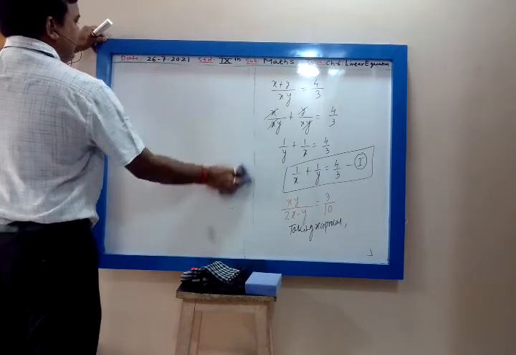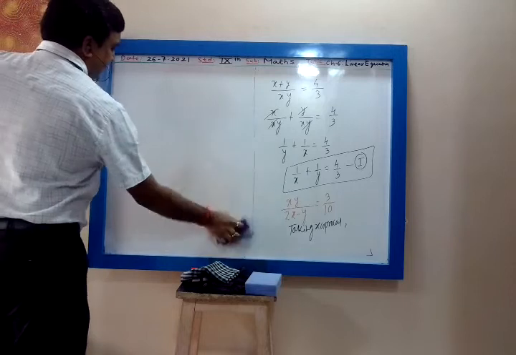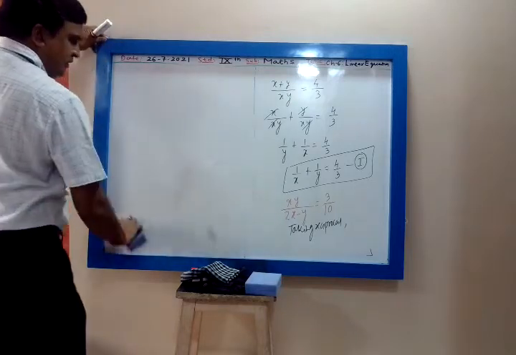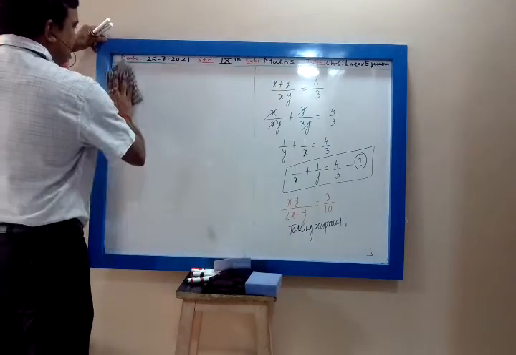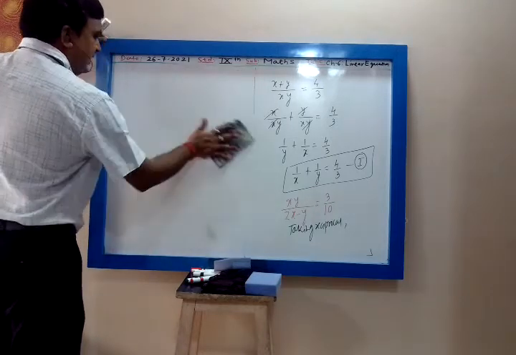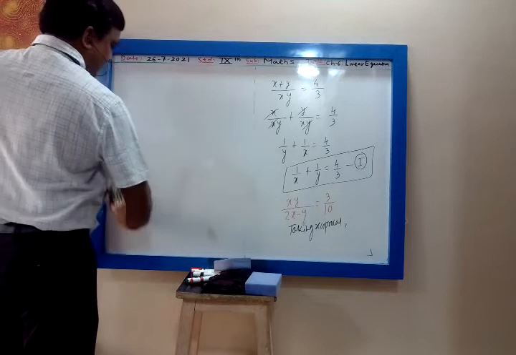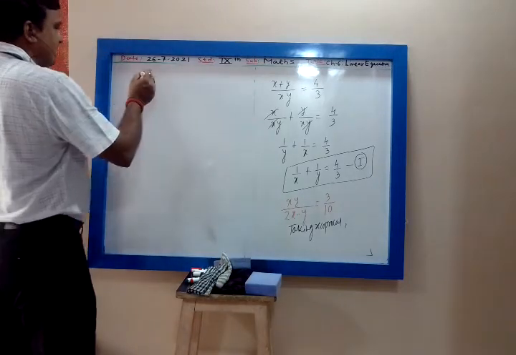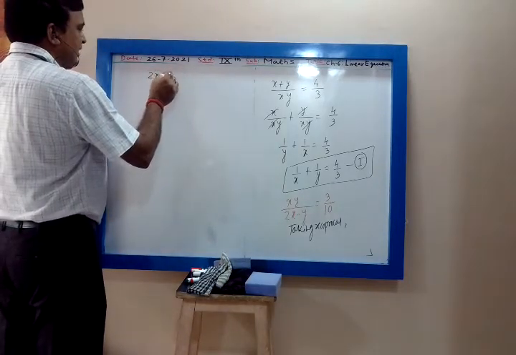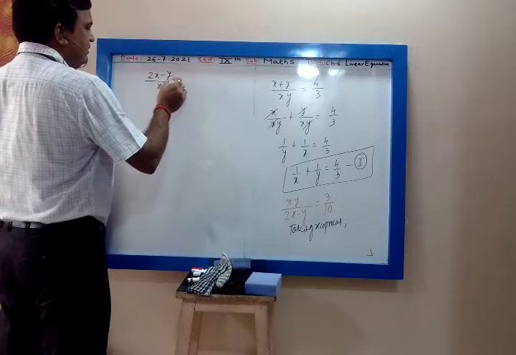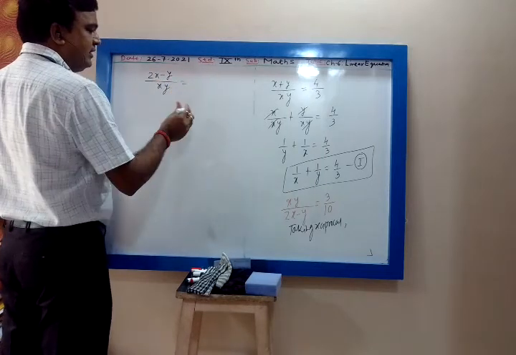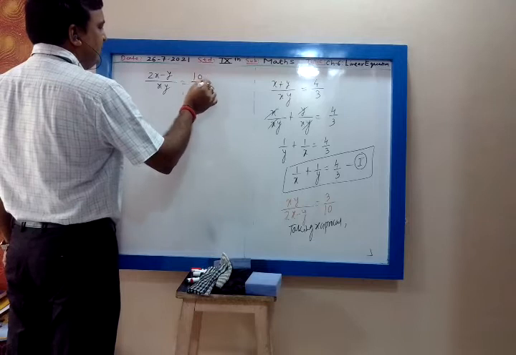Reciprocal on both the sides. Whenever you write reciprocal, you have to take it on both the sides. So that will be 2x minus y upon xy is equal to reciprocal, meaning interchange numerator and denominator, is equal to 10 by 3.